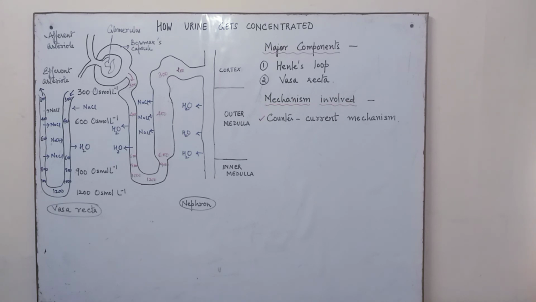We have studied that the amount of blood filtered is around 180 liters per day, and the amount of urine produced is only 1 to 1.5 liters per day. This is because of the counter current mechanism, which helps in bringing about the concentration of the urine.